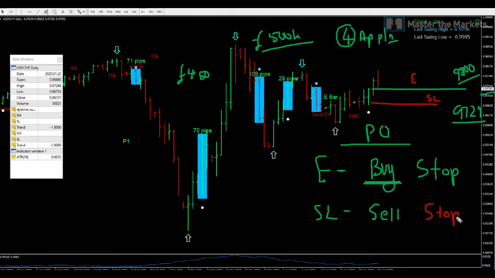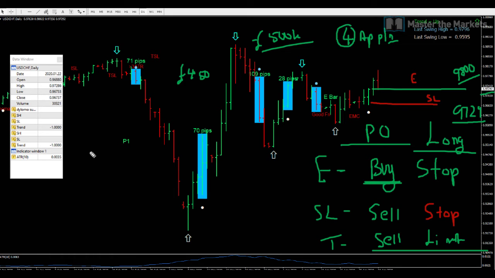Then the final thing is your target. Because I've bought, I need to sell now. I've got to sell higher than the market price. Therefore, it will be called a sell limit. That is what this is for a long order. So you can see how it's all applying now.